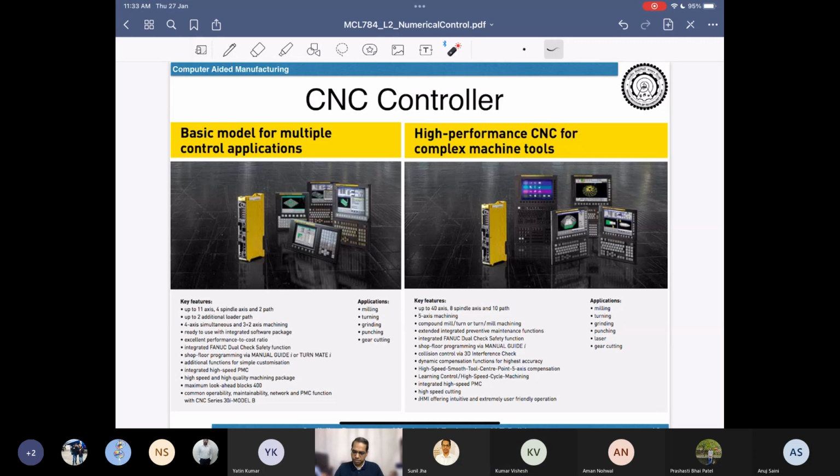And these days, these controllers also come with an interface through which you can download the program and the parameters. That is what we are trying to establish. The CNC milling machine that we are trying to control has a Siemens controller, an 828D.